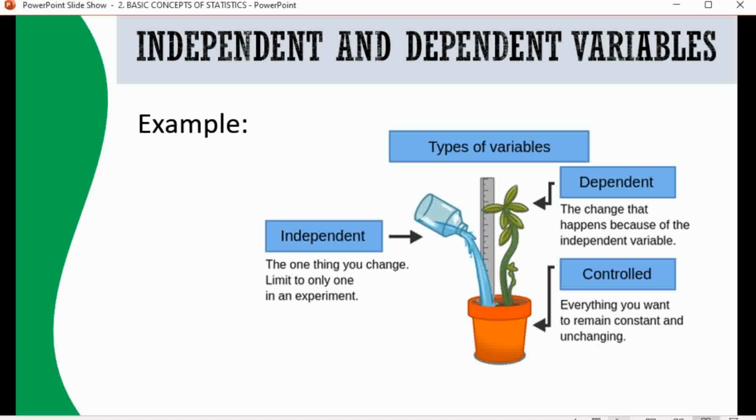So overall, this is what happens. For instance, you would like to focus on the growth of a plant. Water here is your independent variable. The growth of the plant is your dependent variable, and the amount of soil that you use or the fertilizers that you receive should be constant or the same all throughout, and that would be controlled variable.